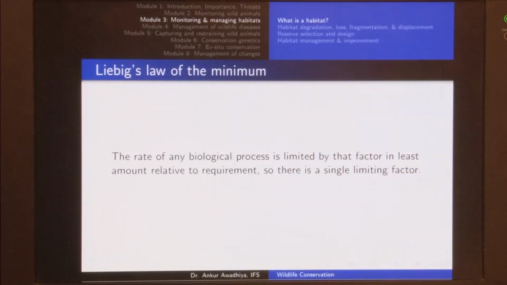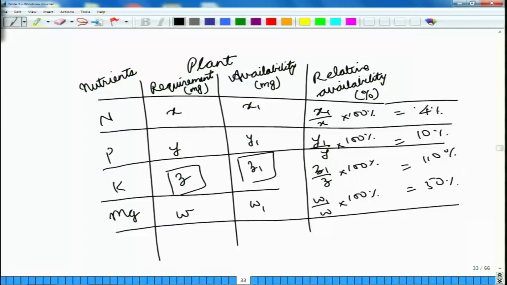So, when we observe the plants that are growing here, we would find that this factor, nitrogen, which is available only at a 4% relative availability, would become the limiting factor for the growth of the plants, not something else like these. So, this becomes the limiting factor.